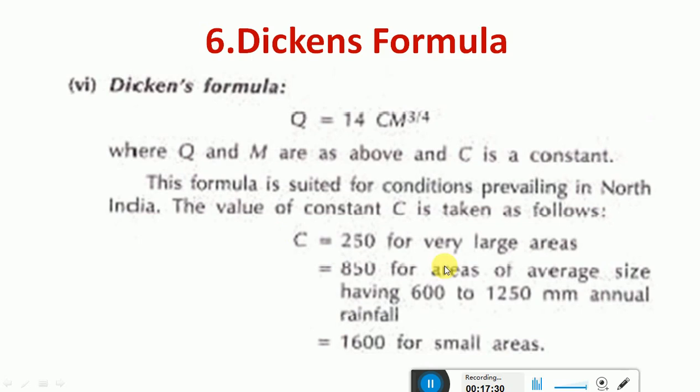It is specifically devised for North Indian conditions by people who have extensively worked in this area. Here C is equal to 250 for very large areas, and C is equal to 850 for areas of average size having 600 to 1250 mm of annual rainfall. The value of C is equal to 1600 for small areas.